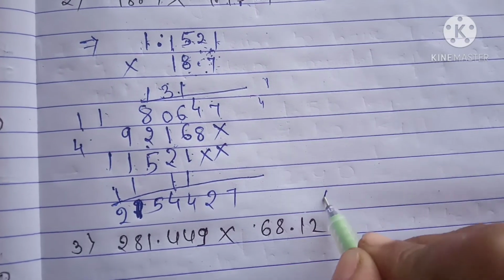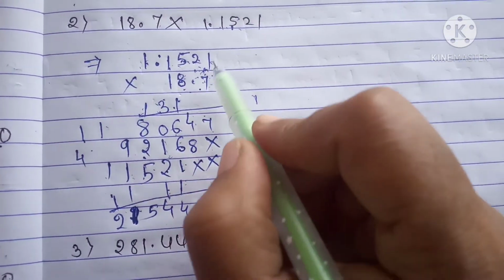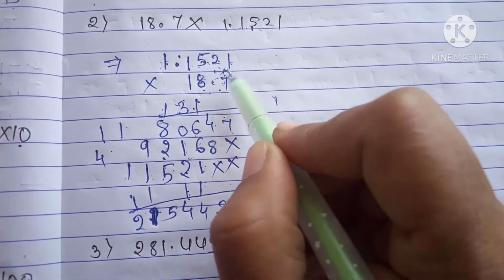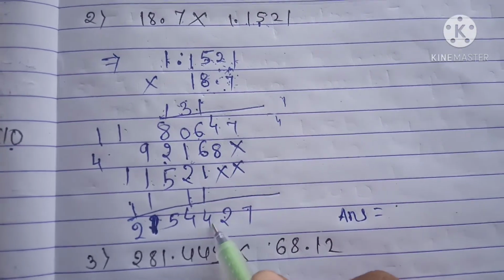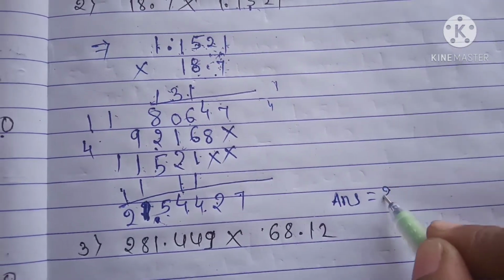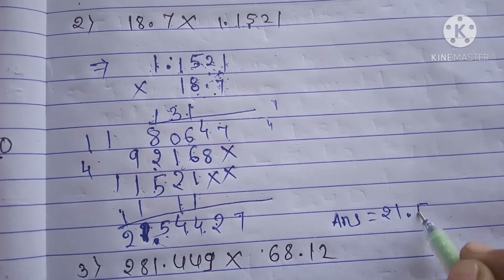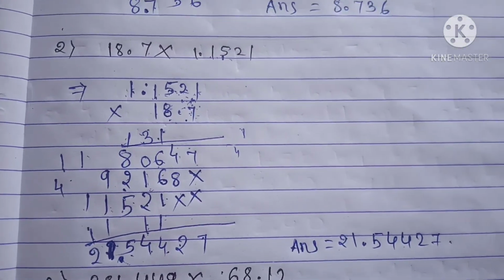So the answer will come. See here, after the decimal point 1, 2, 3, 4, 5 numbers are there. So the decimal point will come after 5 places, and the answer is 21.54427. So this is our answer.